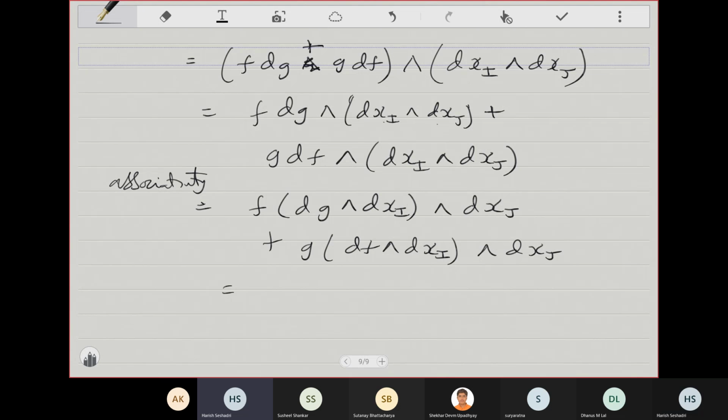Now I want to interchange these two. So dg wedge dxi is equal to, so this was your homework problem, that omega wedge lambda is minus 1 to the power of the product of the degrees times lambda wedge omega.